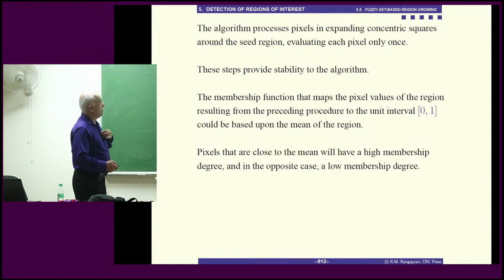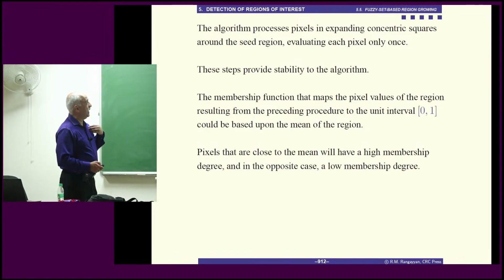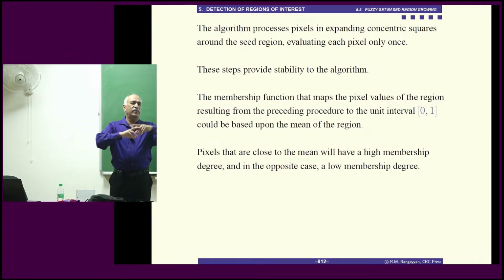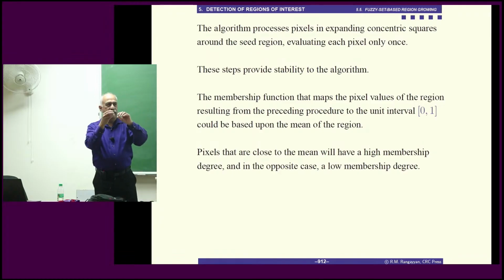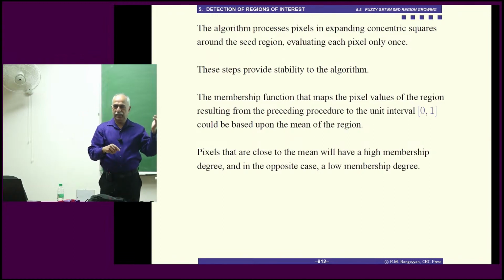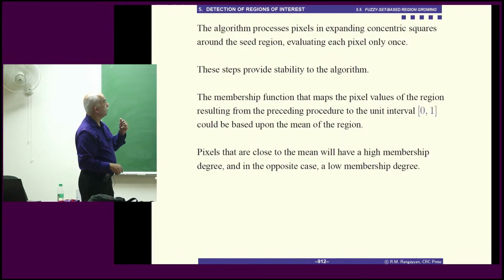So the algorithm processes pixels in expanding concentric squares. Many of the region growing algorithms can give different results depending upon how you scan the image for inclusion of pixels. Do you keep going in this direction or in that direction? Here we took squares. We looked for immediate connectivity around the pixel that we are including.